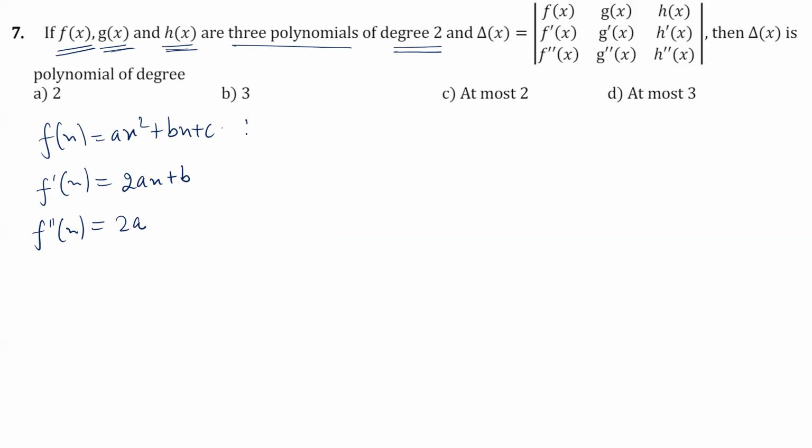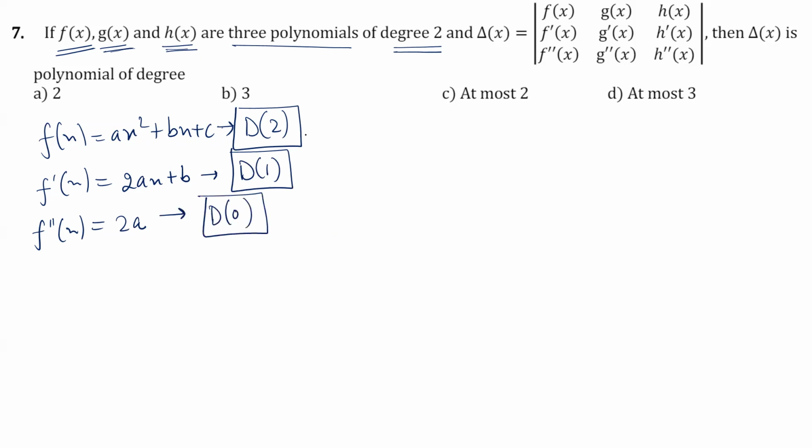Please try to understand this nicely. This will be an equation of degree 2, this will be an equation of degree 1, and this will be an equation of degree 0. So here, if you try to find the determinant Δ(x), because that's what we have to calculate, what can be the degree?